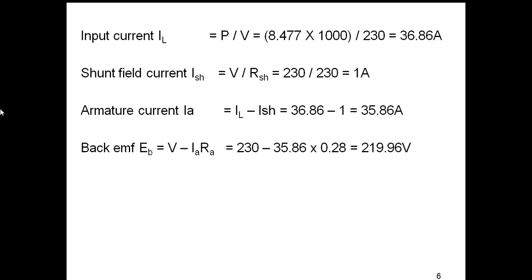So on substituting those values in the back EMF equation, we get 230 minus 35.86 into 0.28. On solving this, we get 219.96 volts.